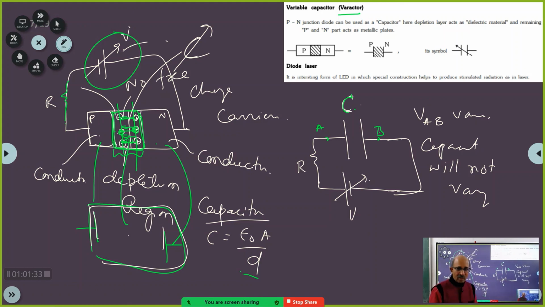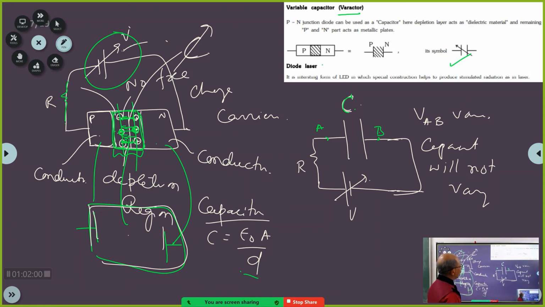At this stage, if you are able to appreciate that a PN junction forms a capacitor, and the value of the capacitor I can control by external voltage, that is more than sufficient. So this diagram is given like this, and the symbol for this is this.